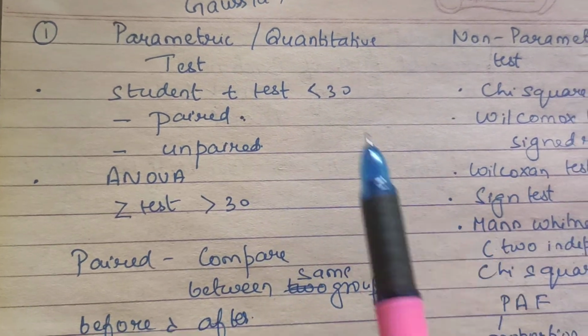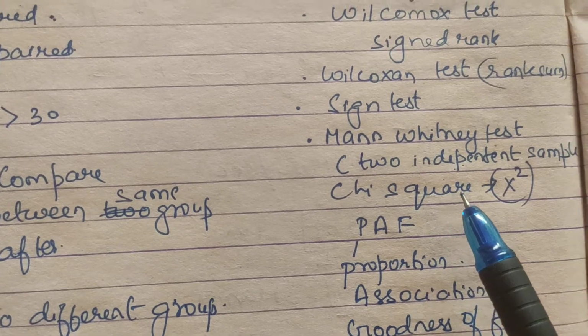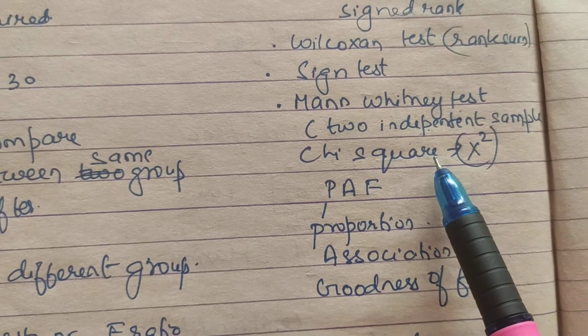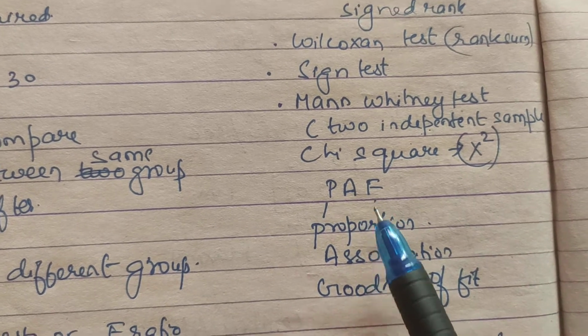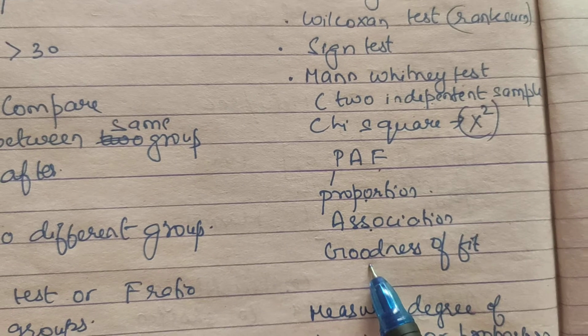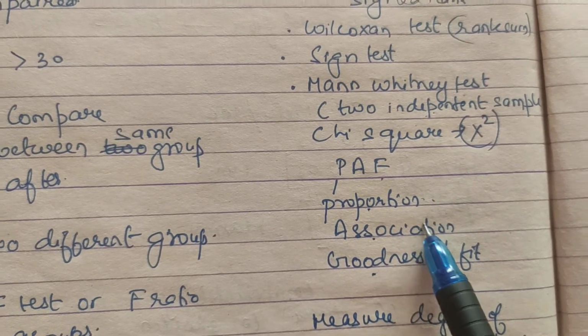Okay, this was the one confusion. Now the chi-square test. They have given one short form, PAF. P is proportion, A is association, and the third one is goodness of fit. Proportion between two different groups. Association: what is the association between different groups?